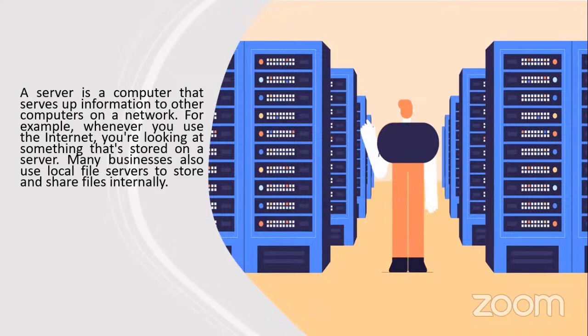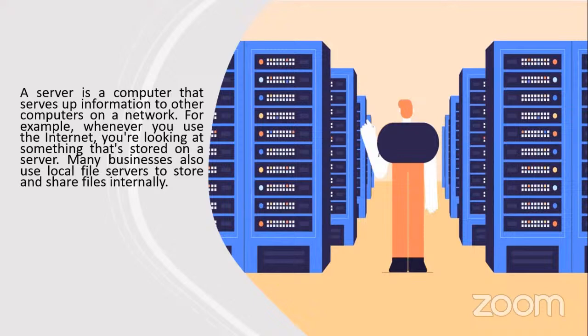Computer two says, I need this information, and goes to it. Okay, let's use the internet as an example, right? Whenever you need a piece of information, you go to Google, right? When you type what you want on Google, Google has so many servers.